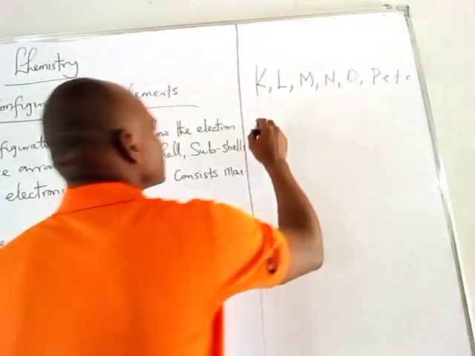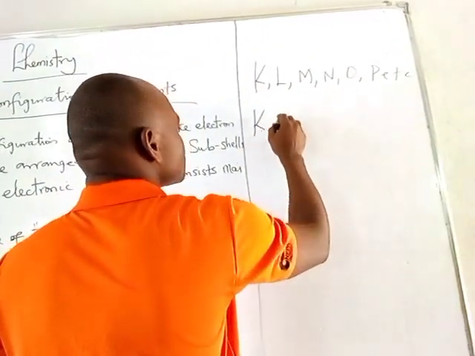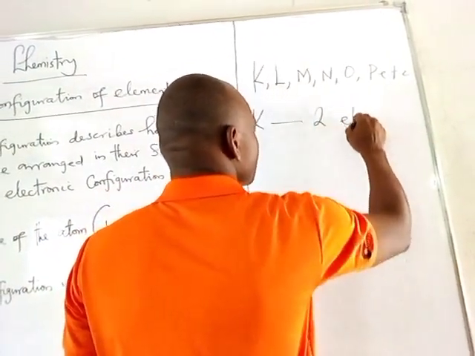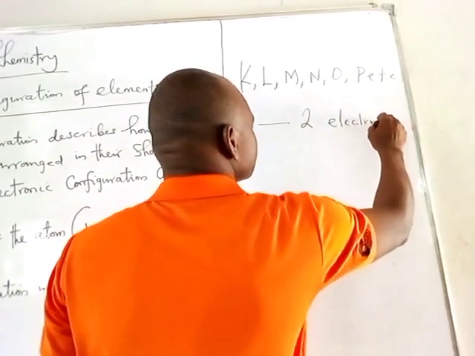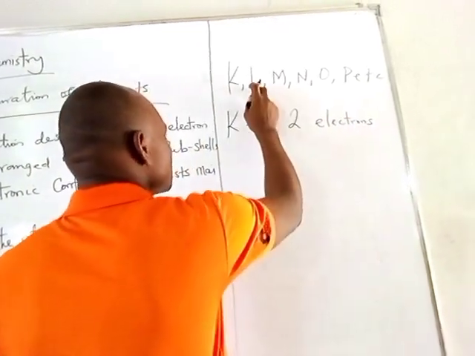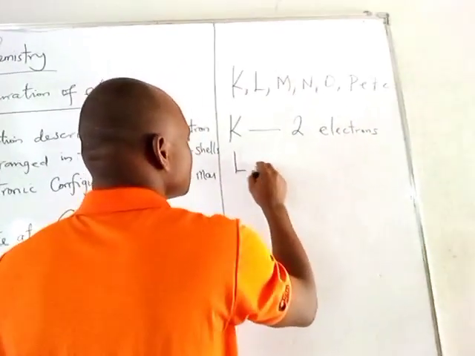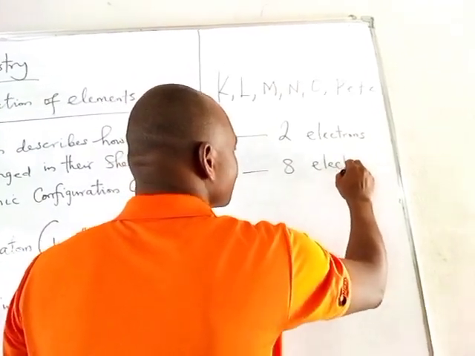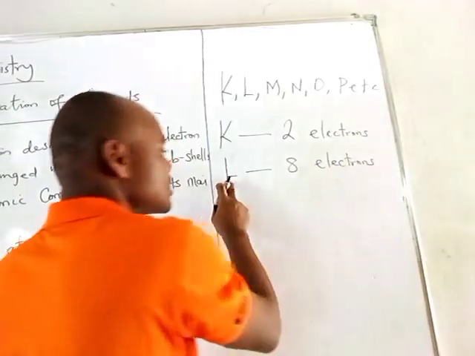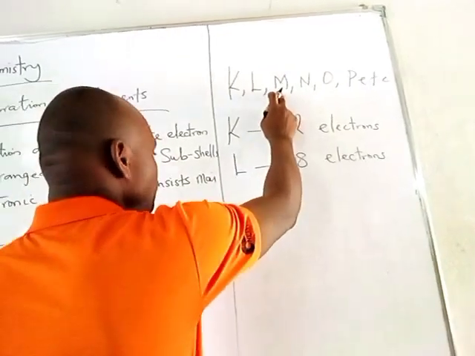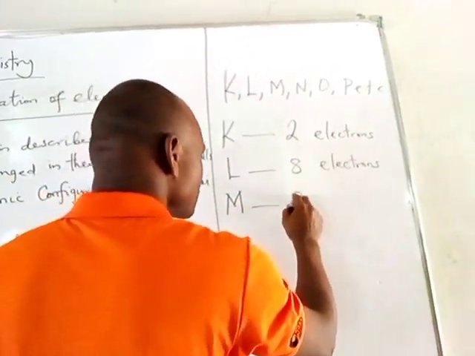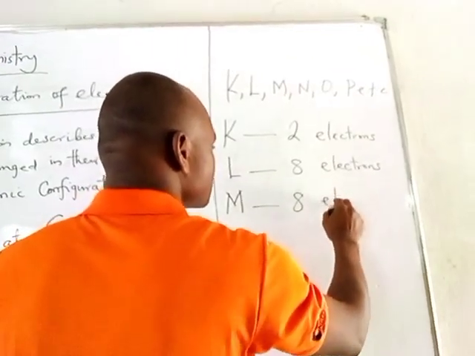For the K shell, the maximum number of electrons that can enter the K shell is 2 electrons. The next shell, which is the L shell, is 8 electrons. Take note, that is the maximum number of electrons that can enter the L shell. Then also for the M shell, the maximum number of electrons is also 8 electrons.